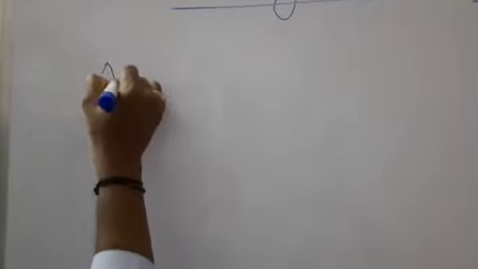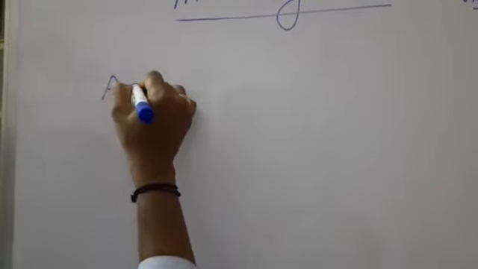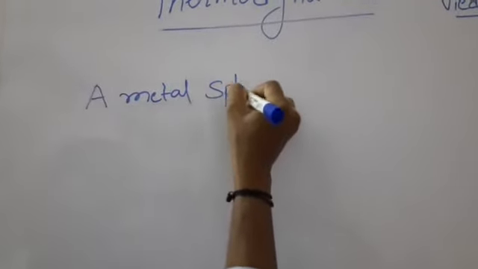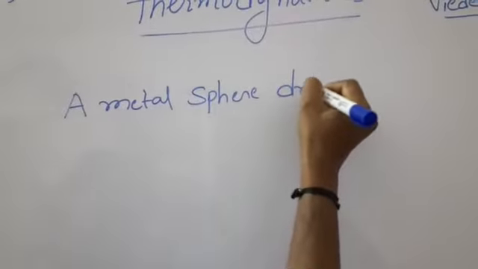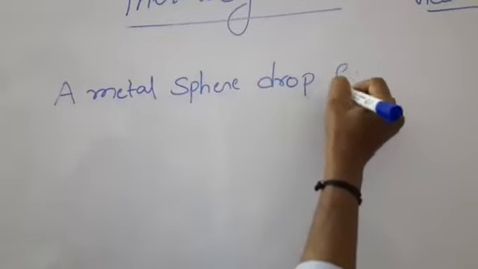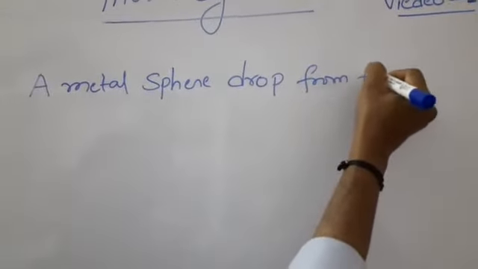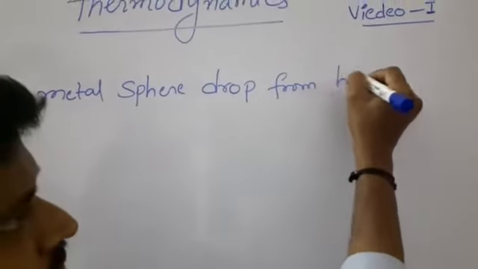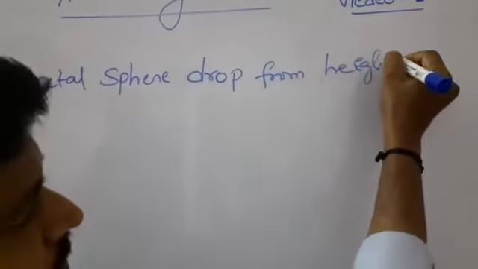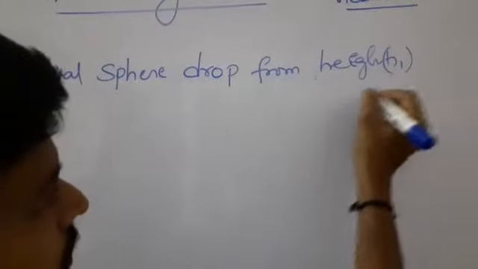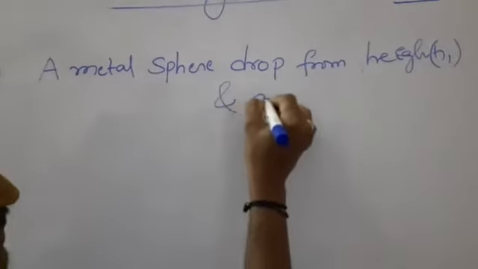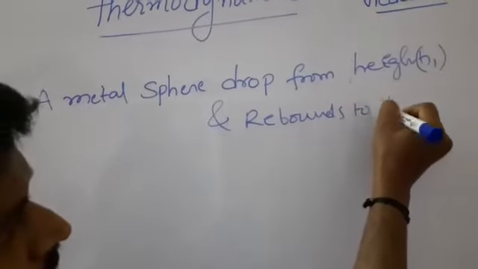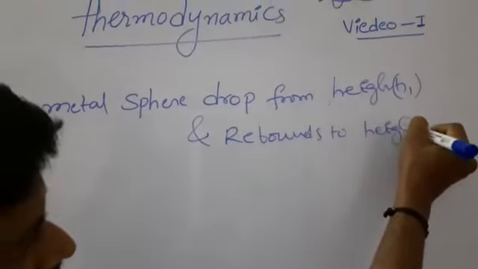Next. A metal sphere is dropped from a certain height. For example, the metal sphere drops from height h1 and rebounds to height h2.